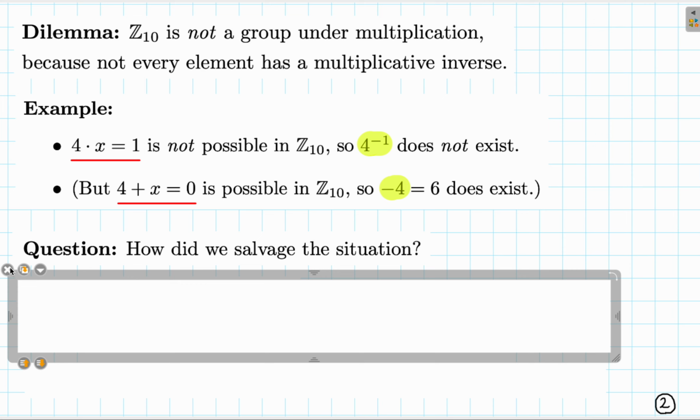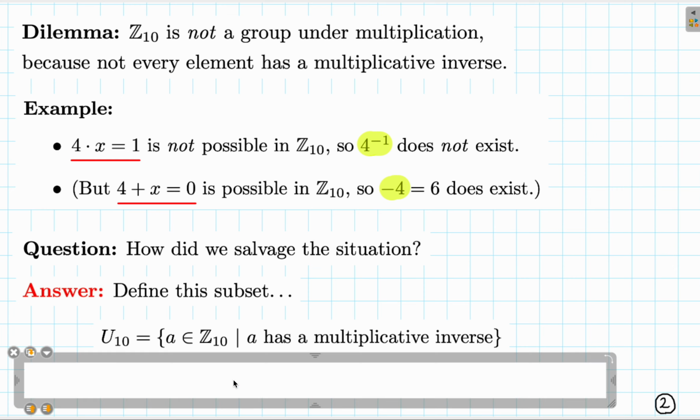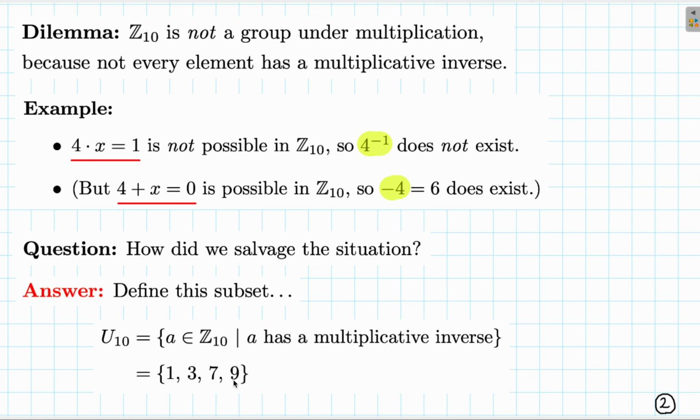Well, what we've done in the past is we defined a subset of Z10, namely U10, which consists of elements in Z10 with multiplicative inverses. And we've seen from our past work that U10 contains the elements 1, 3, 7, and 9. 1 and 9 are self-inverses, and 3 and 7 multiply together to be 1, mod 10, and so 3 and 7 form an inverse pair.